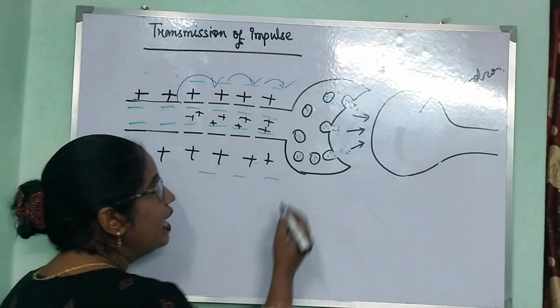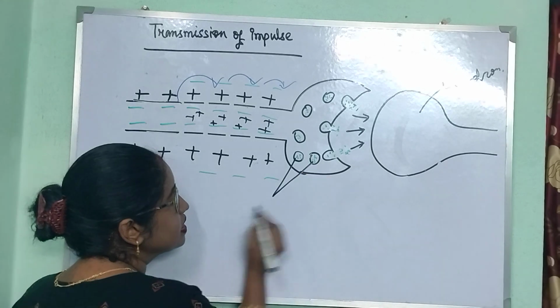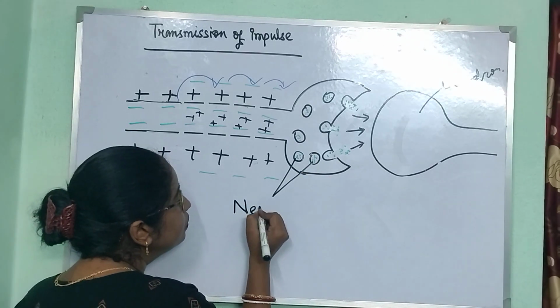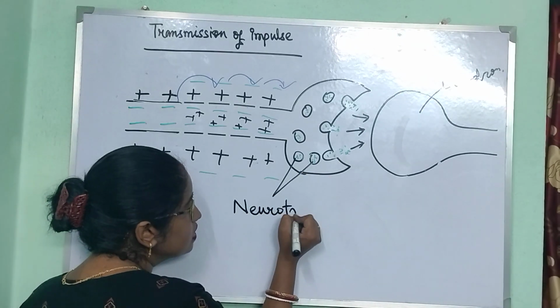In this way the transmission happens, and these chemical substances are known as neurotransmitters.